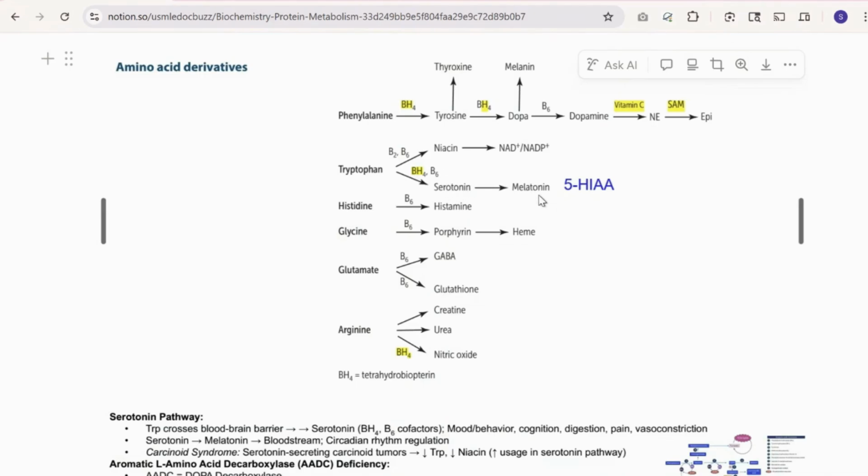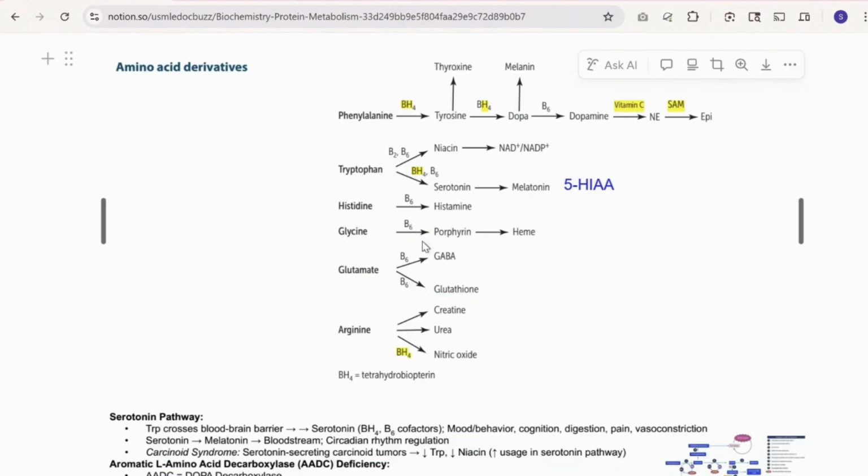Eventually, serotonin can make melatonin. And if serotonin is metabolized, it makes indole acetic acid. This is the excretory product. So whenever they say serotonin, not serotonin syndrome, but a tumor that makes a lot of serotonin, like carcinoid, they're going to ask for the excretory product in the urine. That's 5-HIAA.